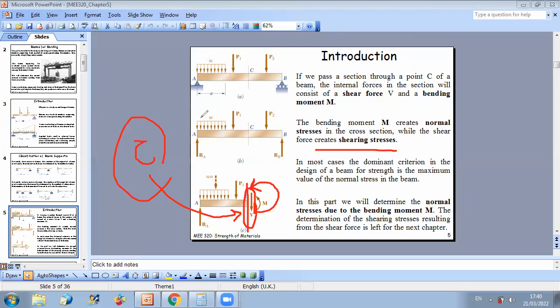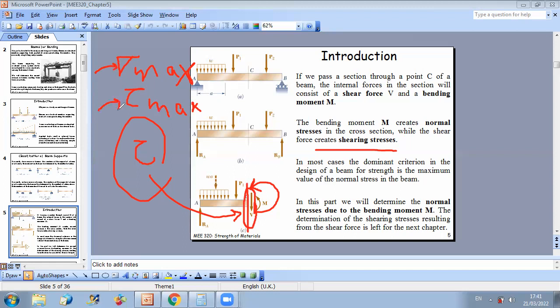This is why we should consider critical sections. What are critical sections? Critical sections are sections corresponding to sigma maximum, which is the maximum normal stress, and the maximum shear stress. And depending on the material, some materials, for example, are weaker in sustaining normal stress than shear.